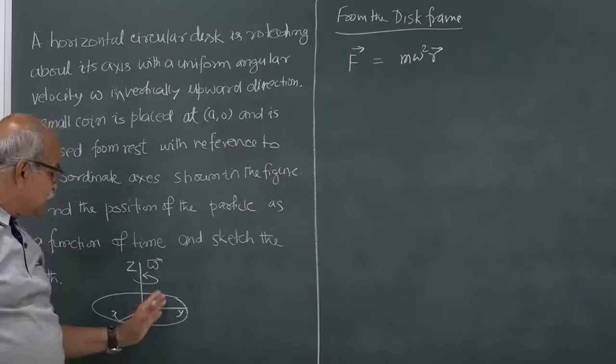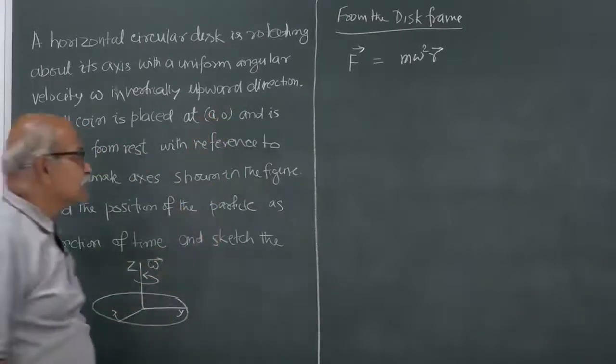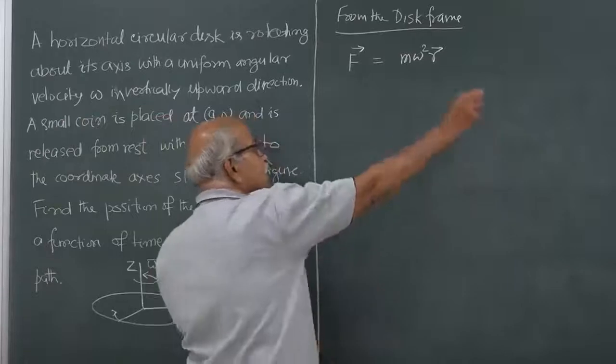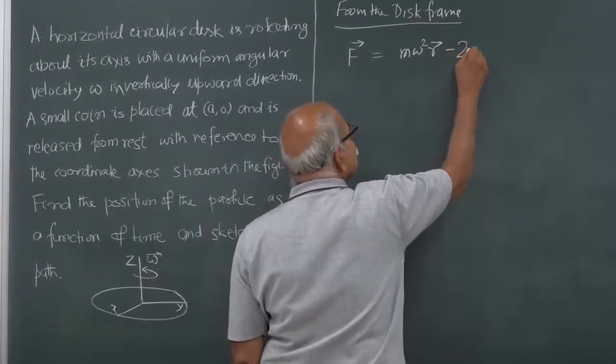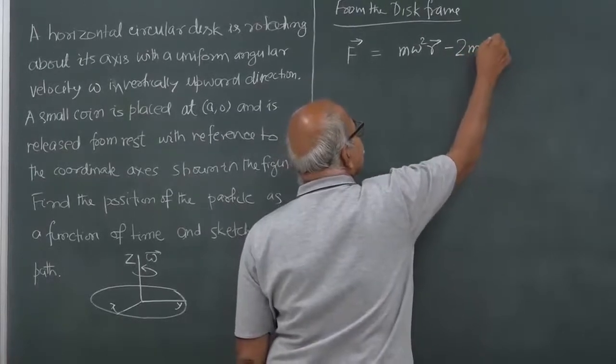Then you have the Coriolis force, which is minus 2 m omega cross v.